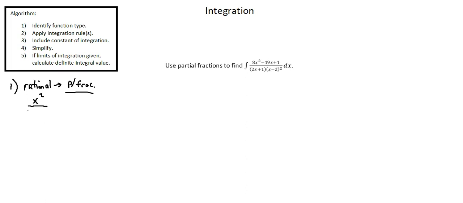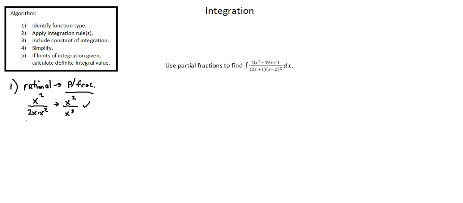In the denominator, the first term has a 2x, and the second term has an x that would end up being squared. So notice that this results in x to the power of 2 over x to the power of 3. As the degree of the numerator is less than the degree of the denominator, we're ready to go to work on our partial fractions process.